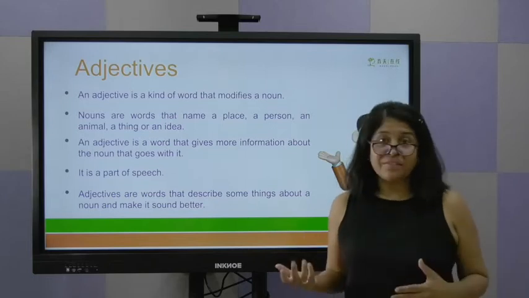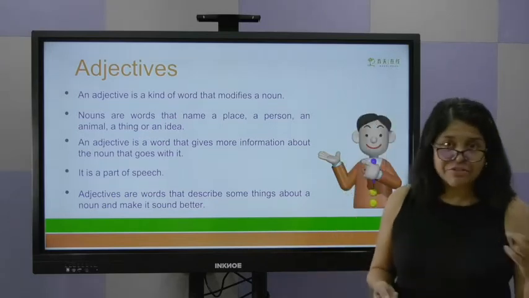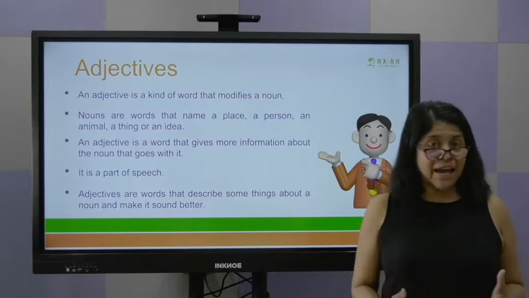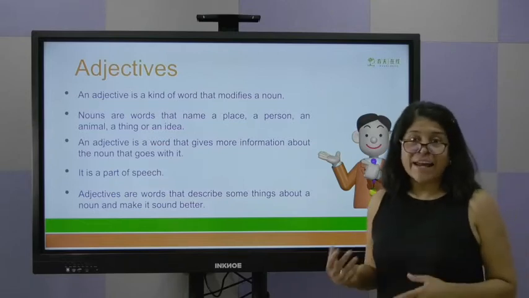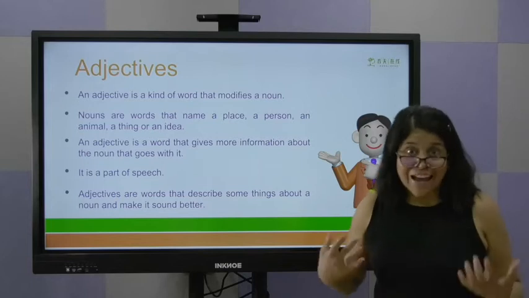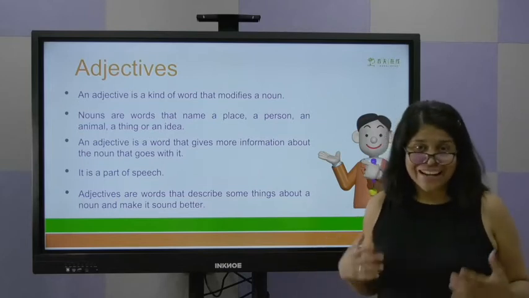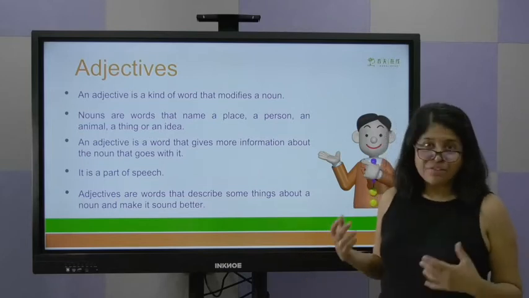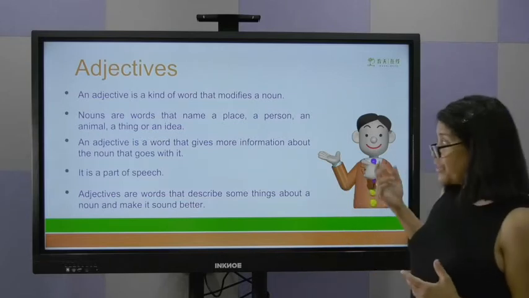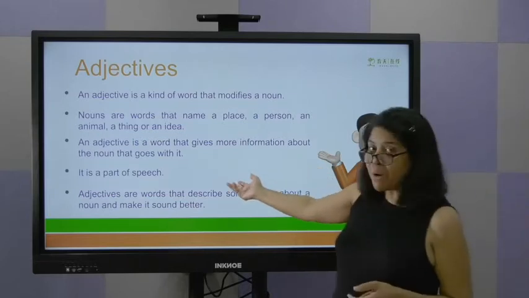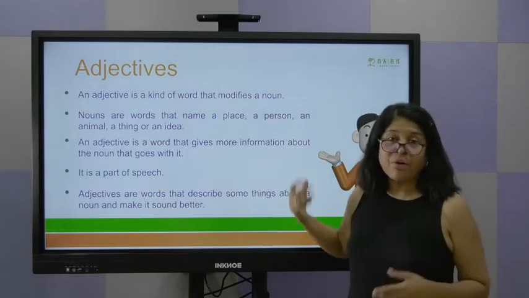Which of those two sentences sounded more interesting? The first, which was just, I have a cat, or the next one, which was, I have a big, fat, fluffy, gray cat? It was the second one because it sounded more interesting with the adjectives there. So they form part of speech and they make your speech more interesting.